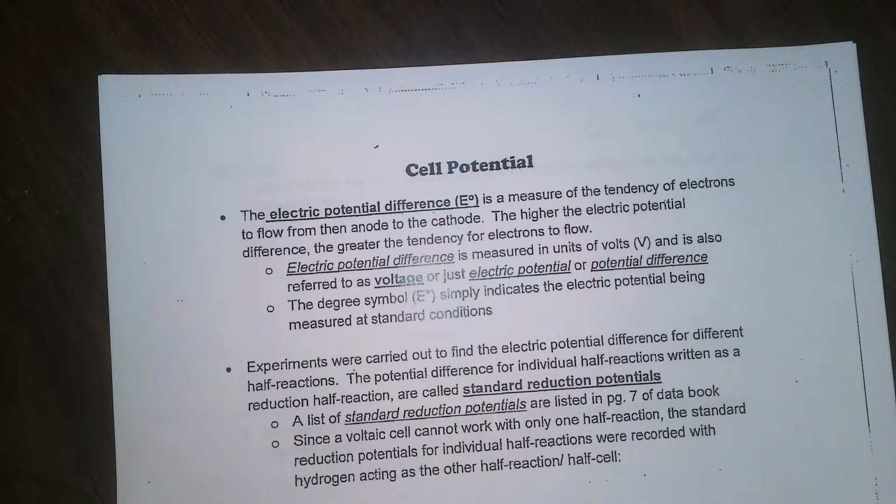Yesterday we looked at voltaic cells and we drew a voltmeter and we put negative on one side and positive on the other side, and we showed the flow of electrons. The higher that electric potential difference is, the greater the electrons will move.